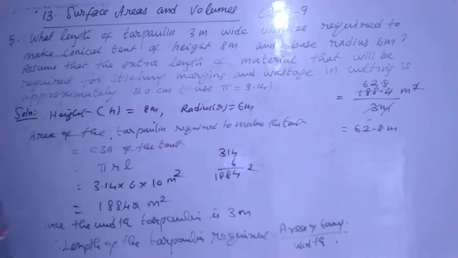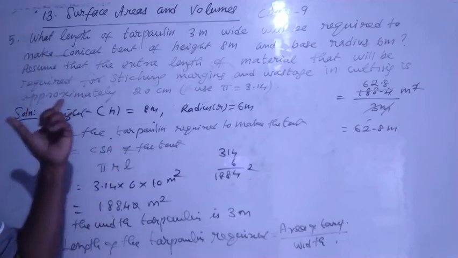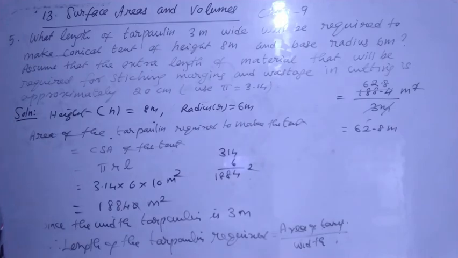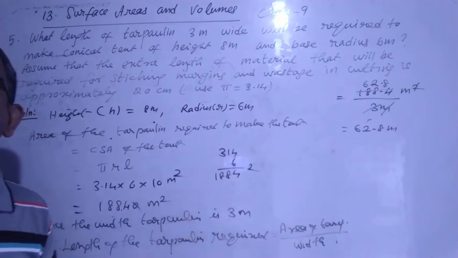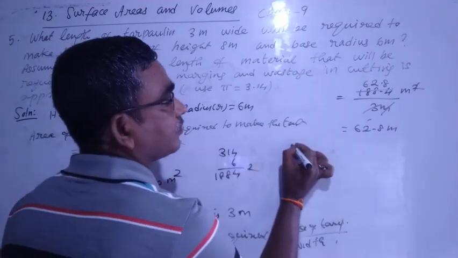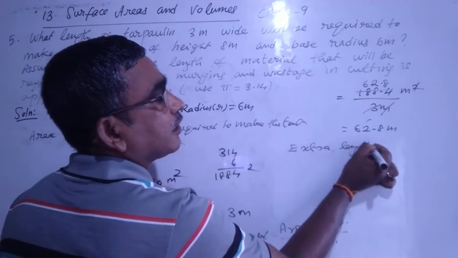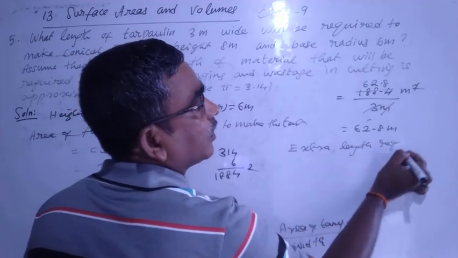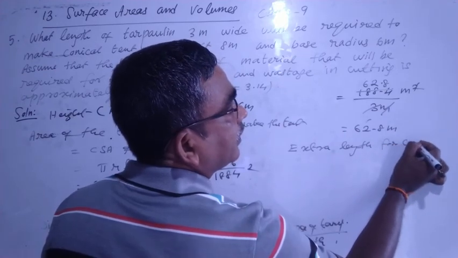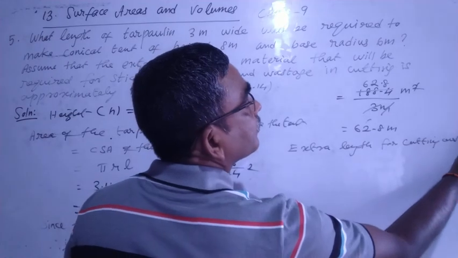This is the length required. But while cutting and stitching margins and all, we wasted 20 centimeters. The 20 centimeters will be added because that much extra length we require for cutting and stitching.